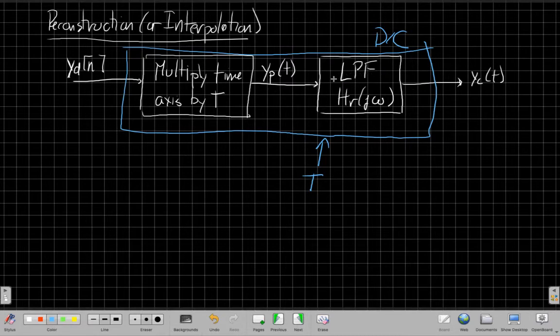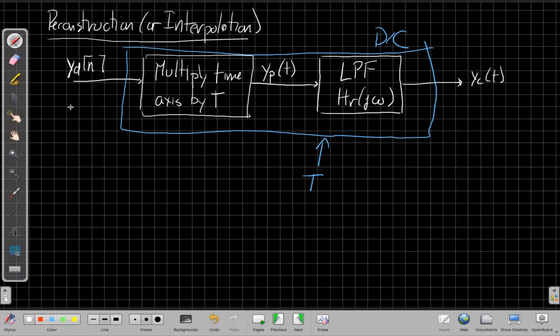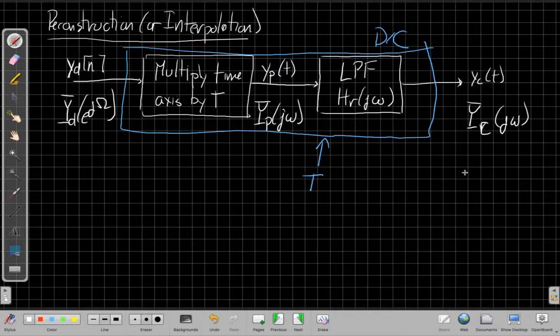And then we have what we call a reconstruction filter, a low-pass filter, to recover it. And when we do that, again, just labeling all these things in frequency, we start with a discrete time frequency, Y sub d of e to the j big omega. So at this point, we'll have back to a continuous time thing, Y sub p of j omega. And then the final step after the filtering it will be the continuous time output, Y c of j omega.